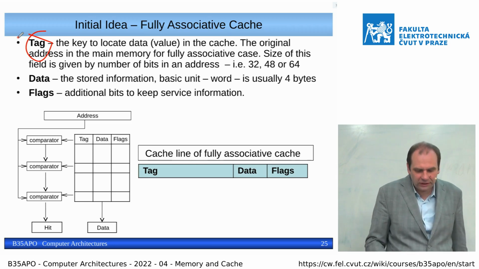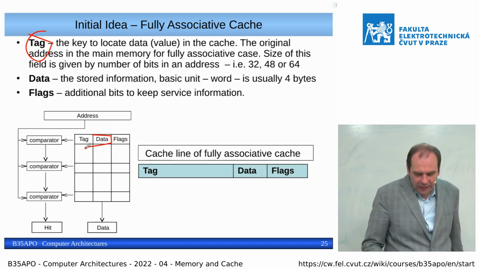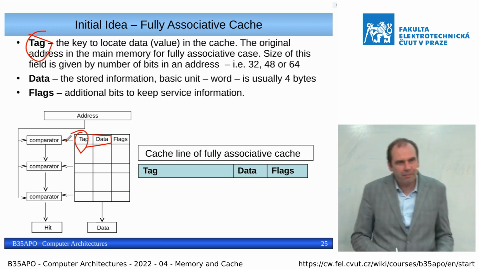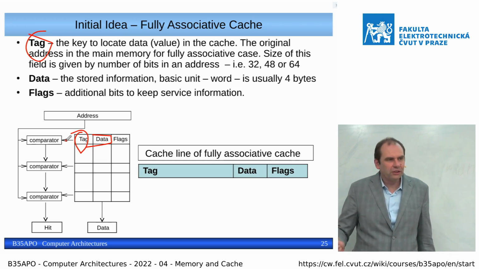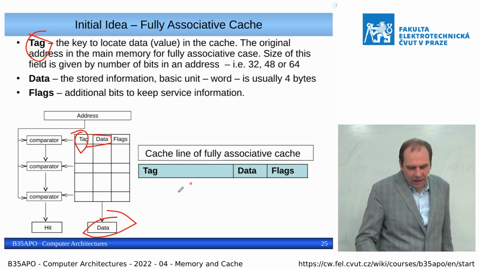So for this reason, we keep data in bigger blocks, and for each block, we need to keep a tag to remember from which location in the bigger memory the data are taken.